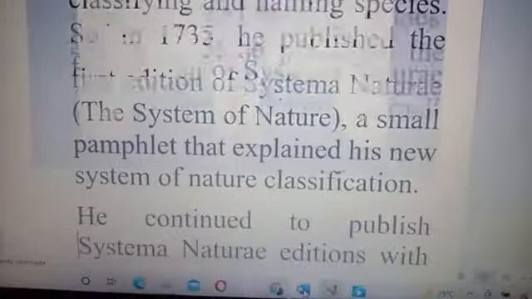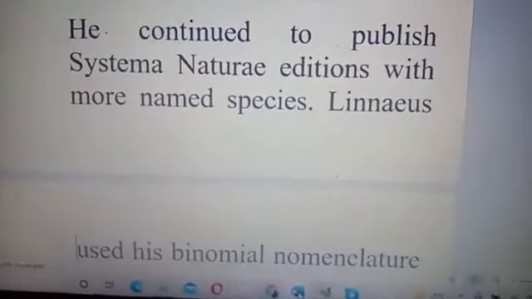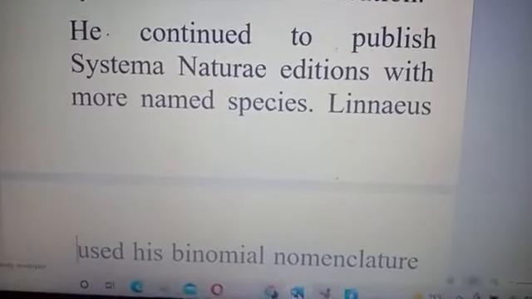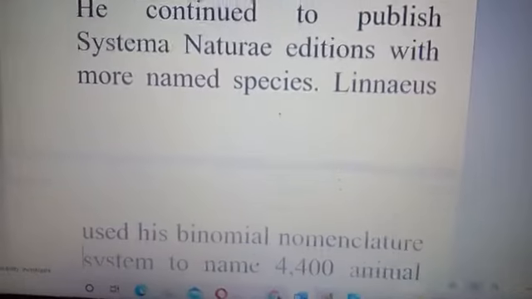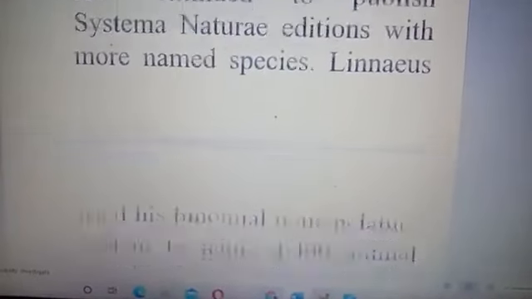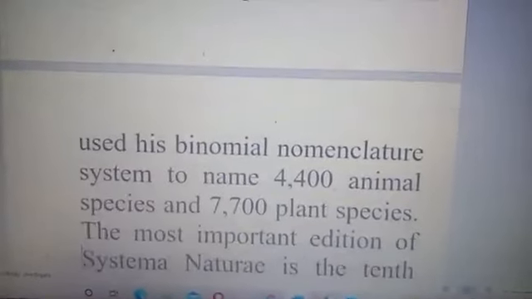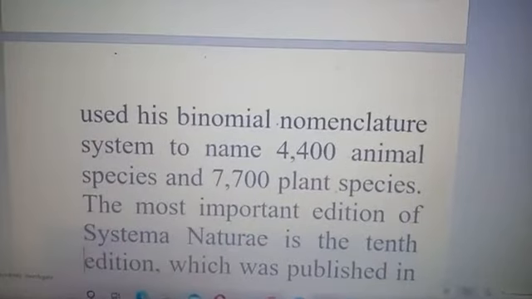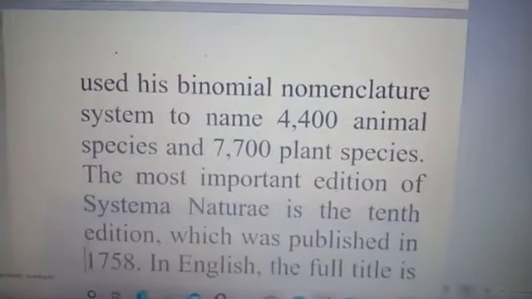He continued to publish Systema Naturae editions with more named species. Linnaeus used his binomial nomenclature system to name 4,400 animal species and 7,700 plant species.